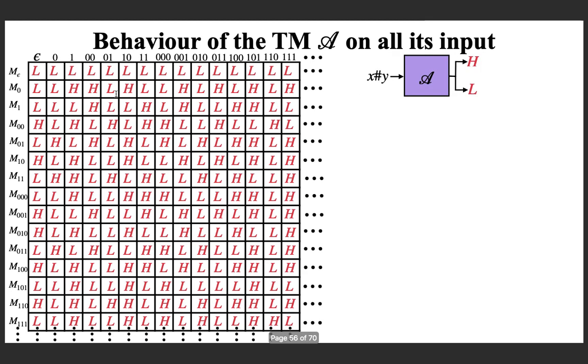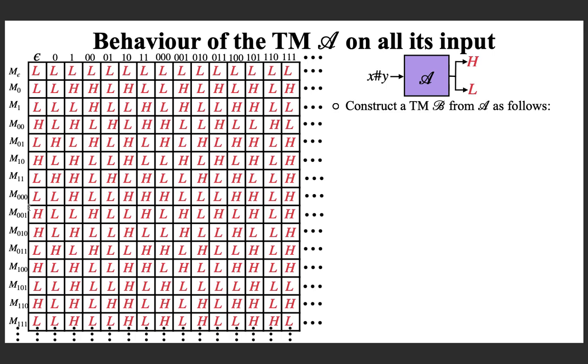For example, if you are looking at that particular Turing machine, for every input x, which is a binary encoding of a Turing machine Mx, and a binary input string y, H means Mx halts on y, and L means Mx loops on y. Now we assume the existence of such a Turing machine.